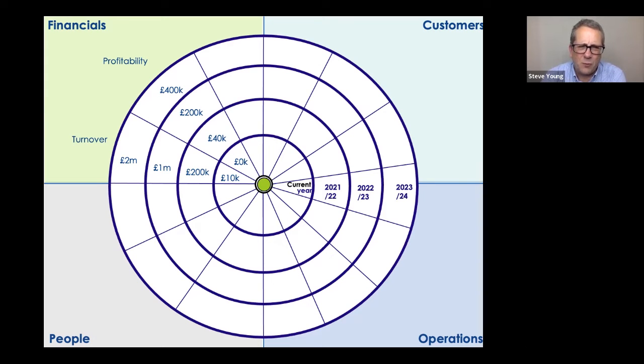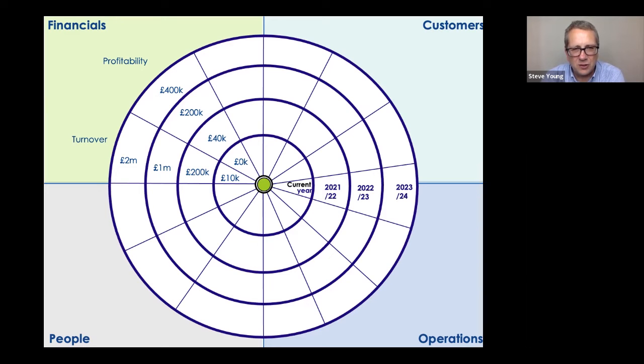But what sort of level of profitability, in thousands of pounds or millions, whatever size your business is, or hundreds, do you want your profitability to be in 3 years? And then chunk that back to 2 years. And then chunk that back to 1 year. And does it look like a reasonably good step up from where you are now? That's the profitability.